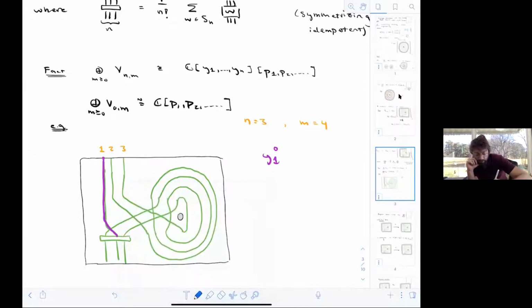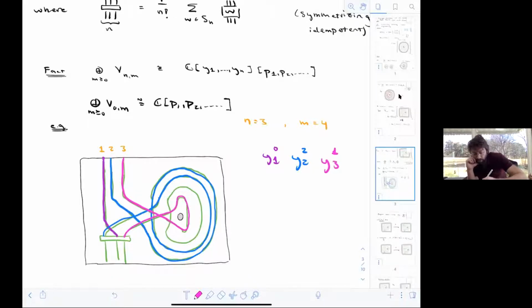Our next component winds around the whole annulus twice before it meets its demise at the symmetrizer. So that's going to give us a y2 to the power 2. Our third component winds around the puncture once before it hits the symmetrizer.